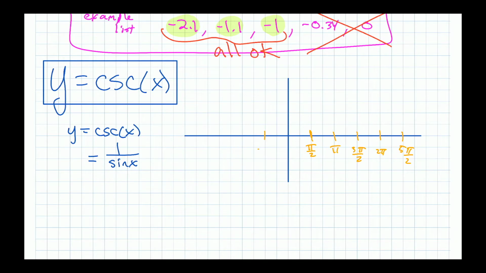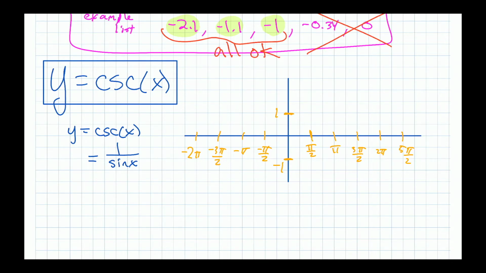And then this way, negative pi over 2, negative pi, negative 3 pi over 2, negative 2 pi. All right, there we go. And same thing here, we want to go up to 1, and we want to go down to -1.